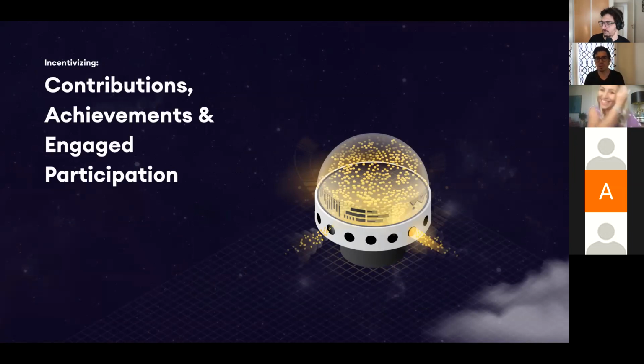We want to reward the achievements you accomplish during the testnet, which Eva will expand on more later. And we want to reward the early members of our community that we think will be able to contribute most to the network after launch. And so we're seeing this as an investment of our time, resources, and energy into you guys.